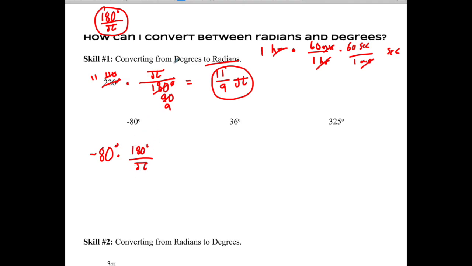Notice degrees and degrees, you don't want that. You need degrees on the bottom so the degrees cancel out, and you get pi on top. Now you simplify. This becomes negative 40, this becomes 90, this becomes negative 4, this becomes 9. So it's negative 4 pi over 9, or negative 4 over 9 pi.